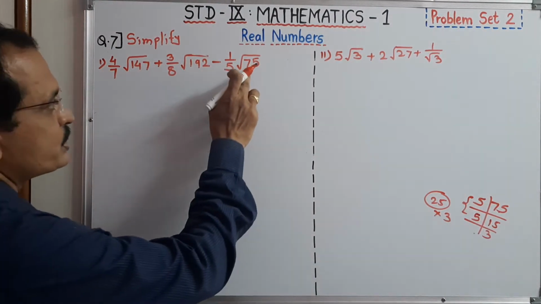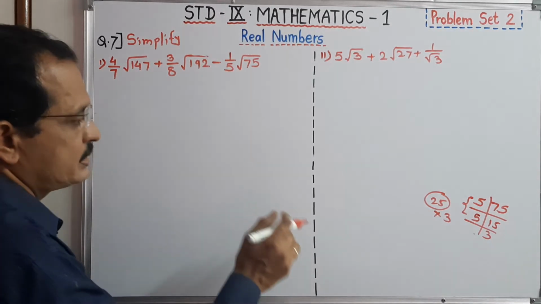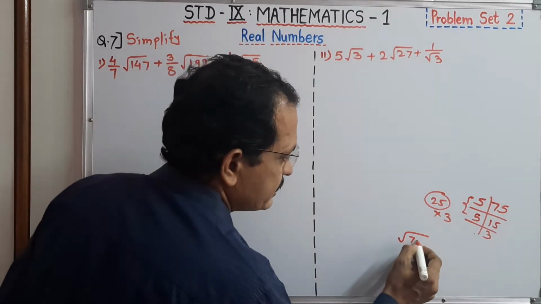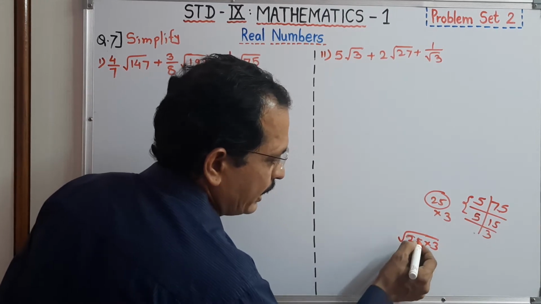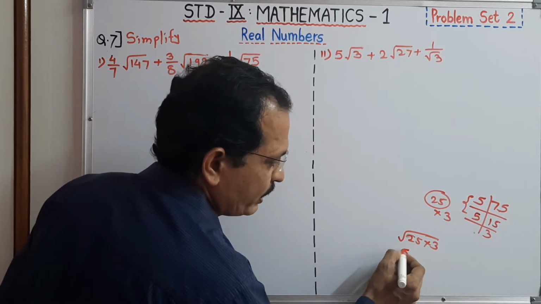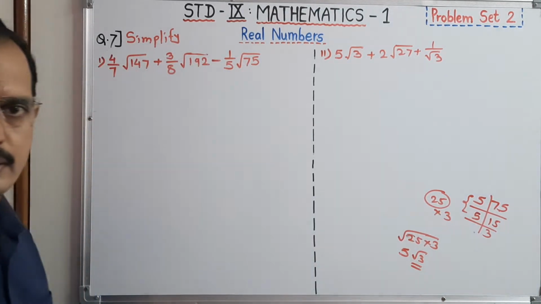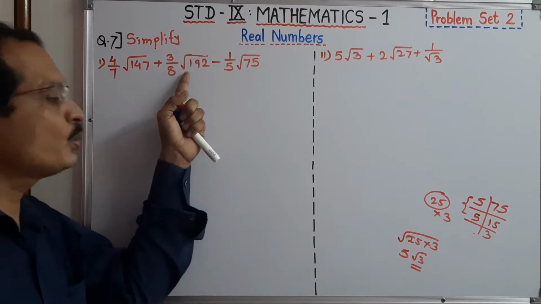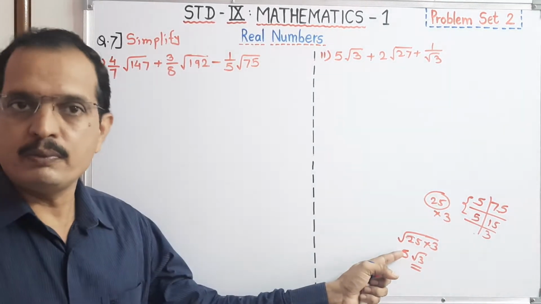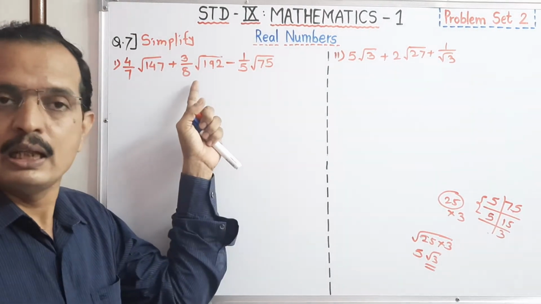Therefore the factors of 75 are 25 and 3. Then if I write 25 into 3, the square root of 25 is 5 and root 3 will remain. Here also root 3 will remain. If root 3 remains, then it will become a like surd.